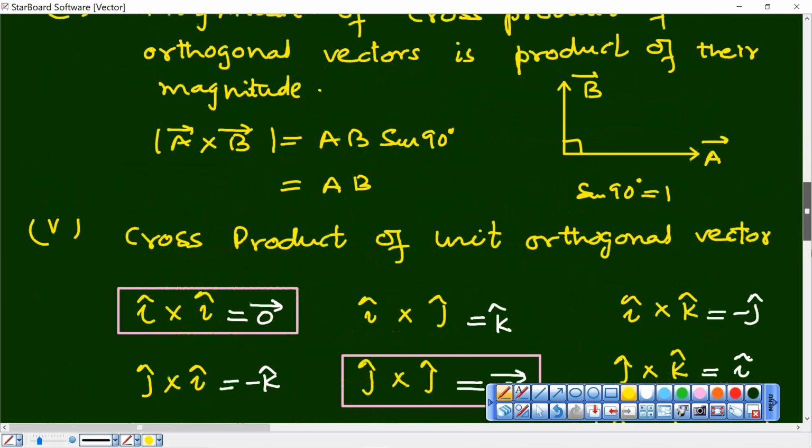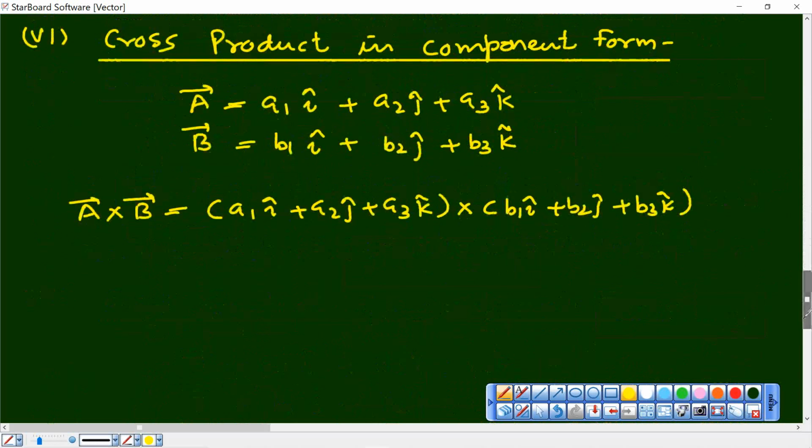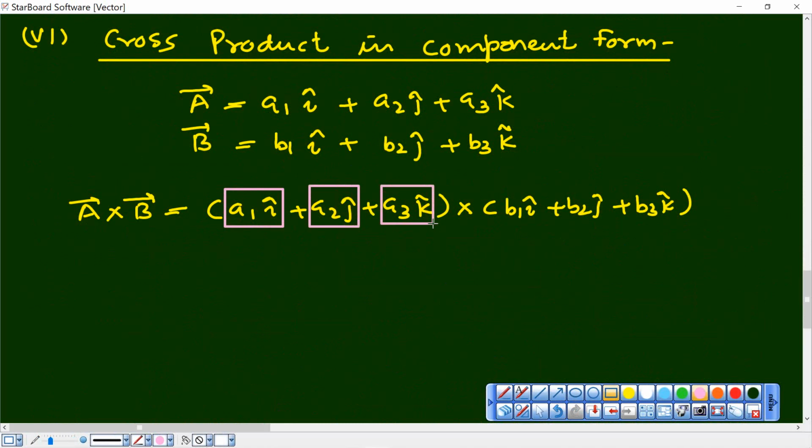Here A1 alone is not a vector, it is a scalar, but A1 i cap is a vector. A2 j cap, A3 k cap, B1 i cap, B2 j cap, B3 k cap are all vectors. And thus, there will be 9 different distributions that will take place.